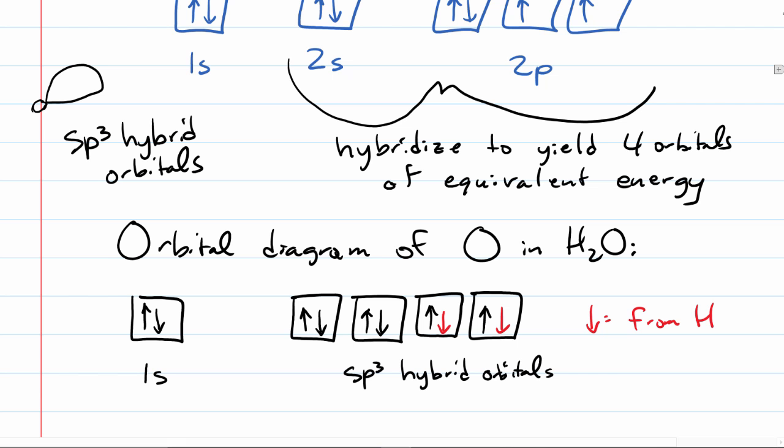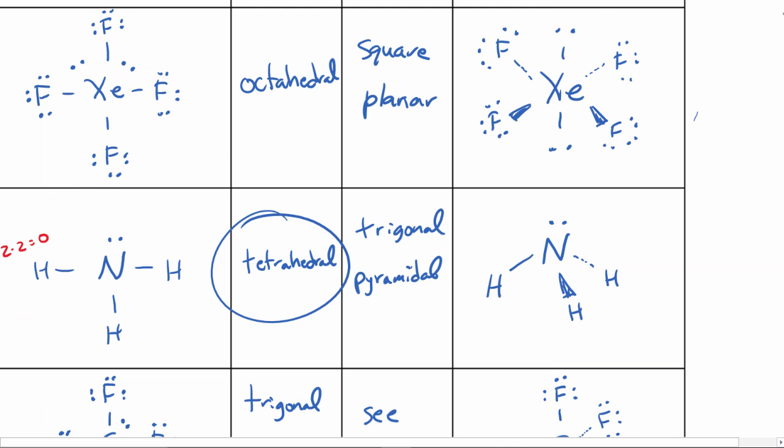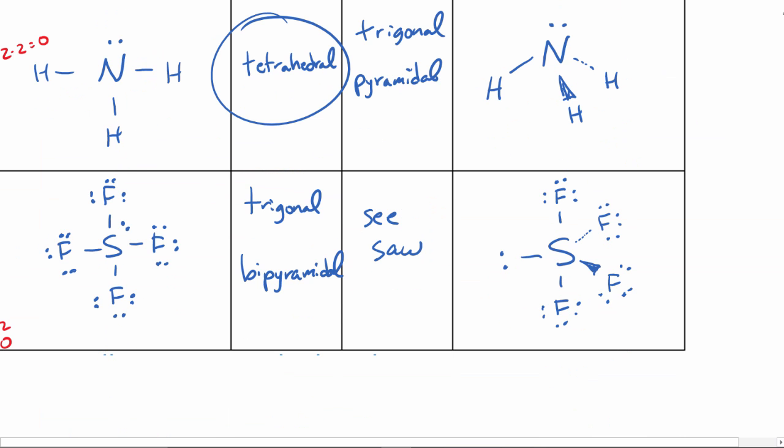Okay, then let's look at something like SF4. And I think SF4 is another one that we did here the other day. Let's go back and check it. I'm trying to use ones that we've used already. So here it is, SF4. Let's go ahead and take this structure that we drew the other day.